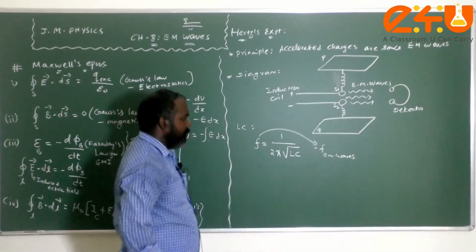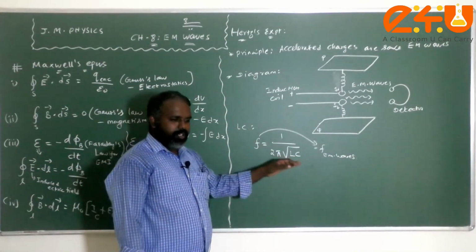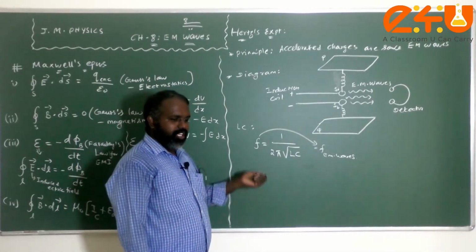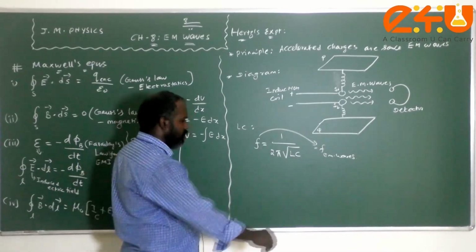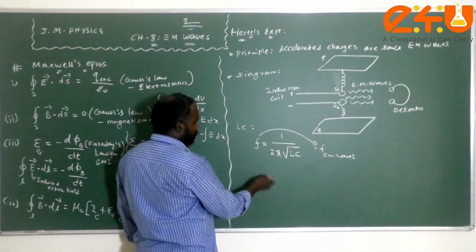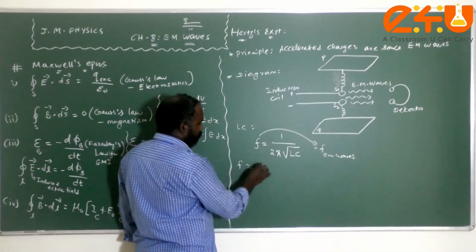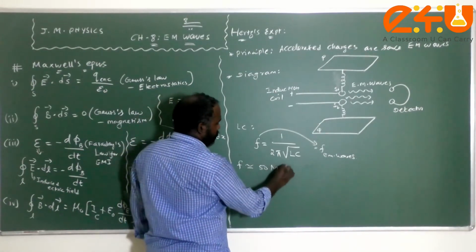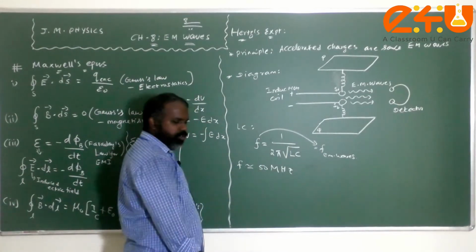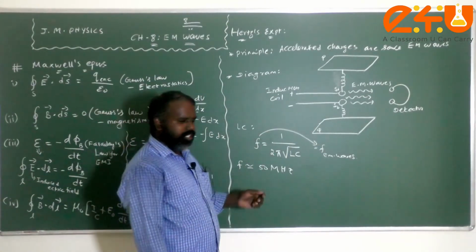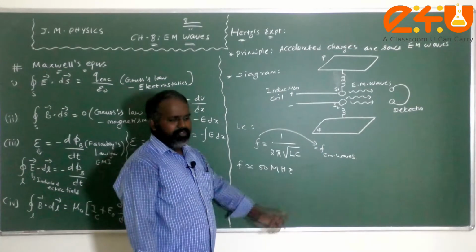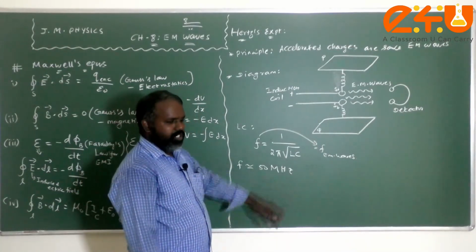The frequency of the electromagnetic waves. By using this experiment, Hertz produced a frequency of nearly 10 to the power of 6 hertz, approximately 50 megahertz. The approximate frequency of the radiation produced by Hertz's experiment is approximately 50 megahertz. Okay, children.